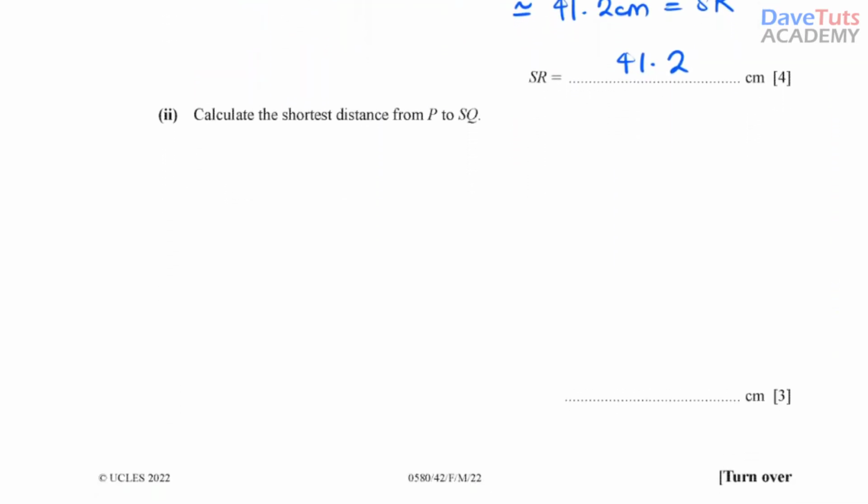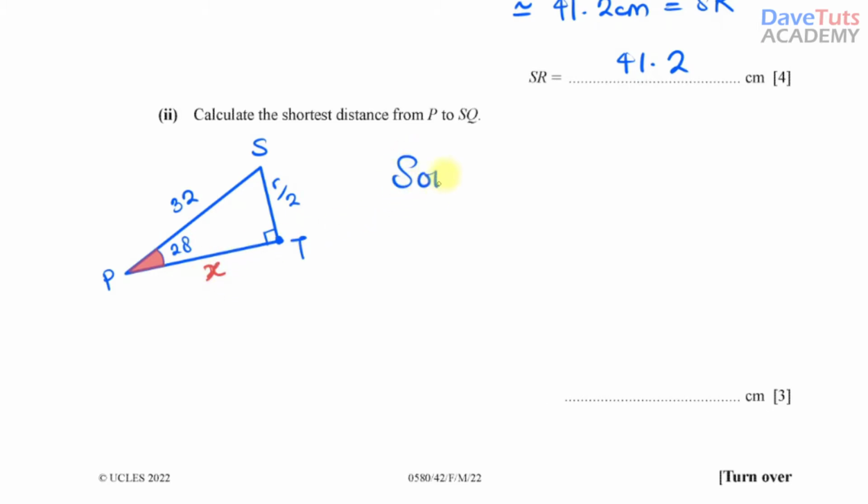Okay, so if you look at that extrapolated image, this is what we are looking at, in which we are looking for x, that is the distance PT, the distance from P to the line SQ. Okay, so it is PT, which is denoted as x here. And we are to make use of SohCahToa.